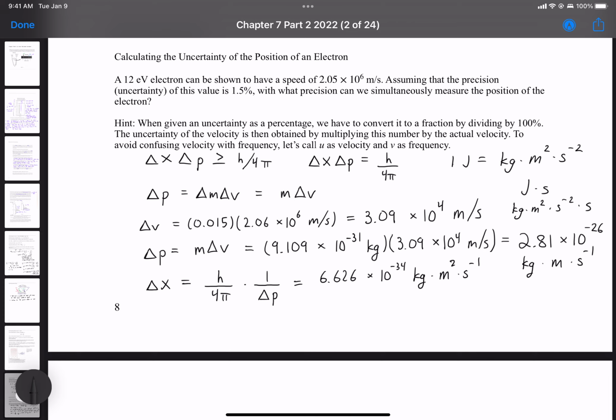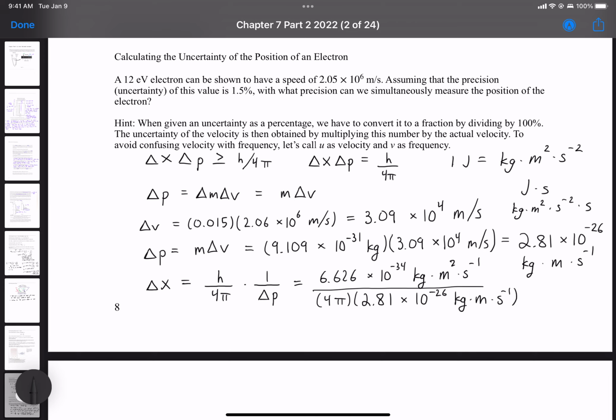Okay? And then if we divide everything now by 4 pi times the value of momentum here, which is 2.81 times 10 to the negative 26 kilograms meter per second.